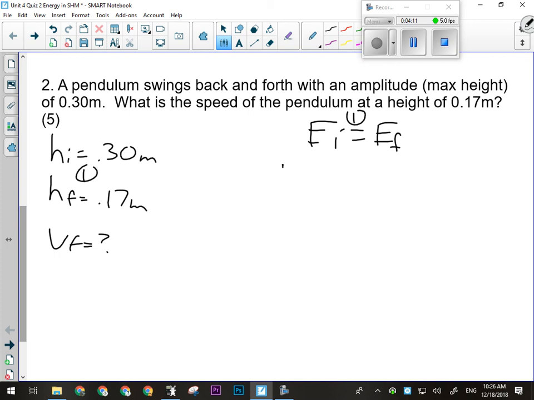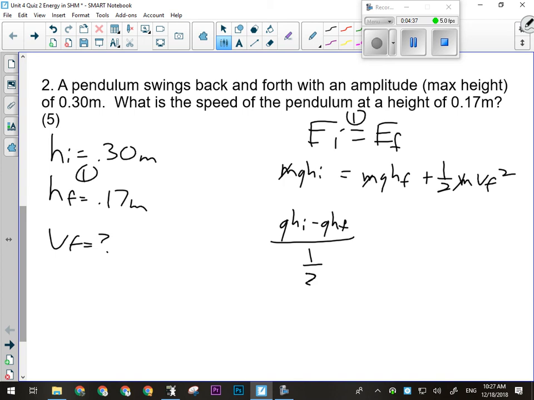We are looking at m times g times h initial equals m times g times h final plus 1/2 m v final squared. It's just conservation of gravitational energy with a pendulum. So we're trying to find vf, so we're going to subtract m g h f over here. We're going to cancel all the m's, so we'll have g h i minus g h f divided by 1/2, square rooted to get vf. Give them a mark for that.